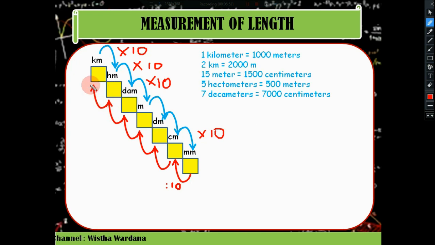From hectometer to kilometer, you divide by 10. Every one step you move up to the next measure, you have to divide by 10.